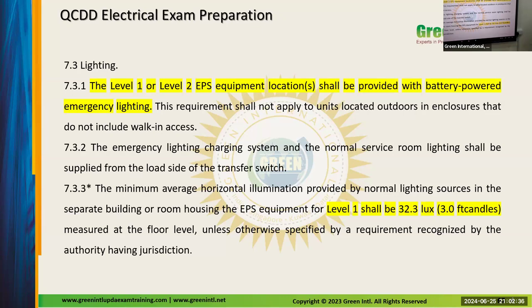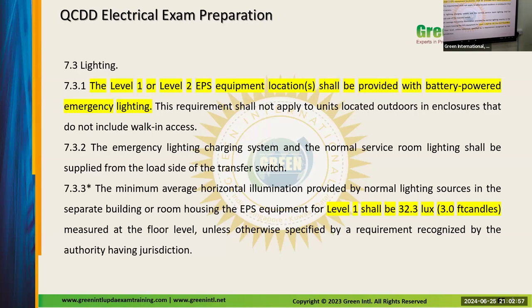It is referred to in 101; they mentioned that 1.5 hours is enough as per the standard. But in our regulation, in Qatar, instead of 1.5 hours we follow 3 hours of battery backup.